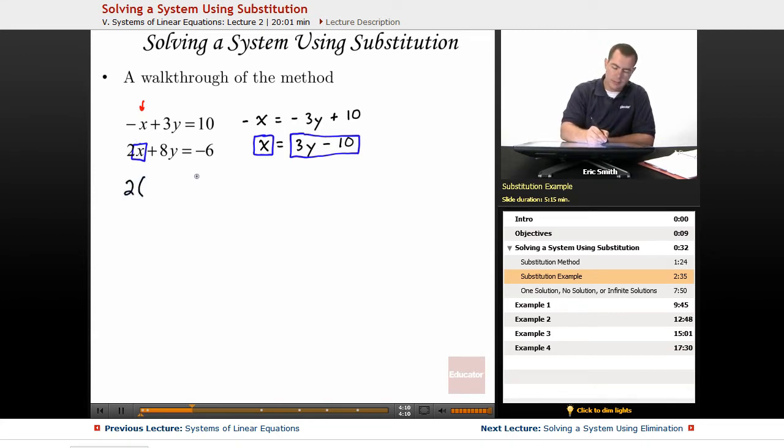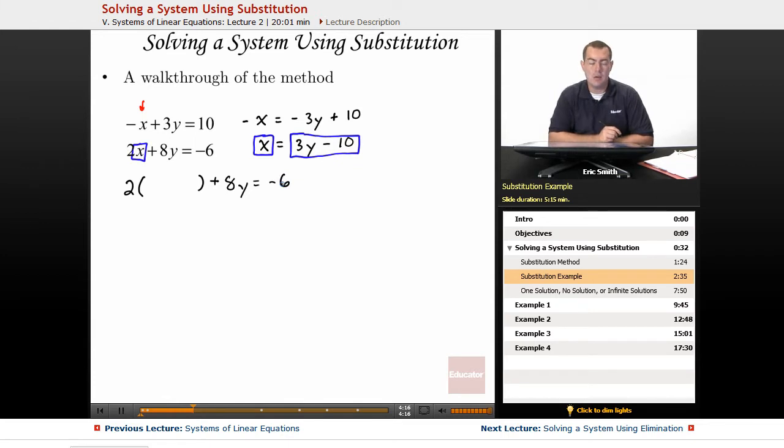I'm going to leave lots of room for this so you can see what it's going to turn that second equation into. Instead of writing x, I'm going to write 3y minus 10. I've taken that second equation and substituted in those values, and notice how in this new equation we created, it only has y.